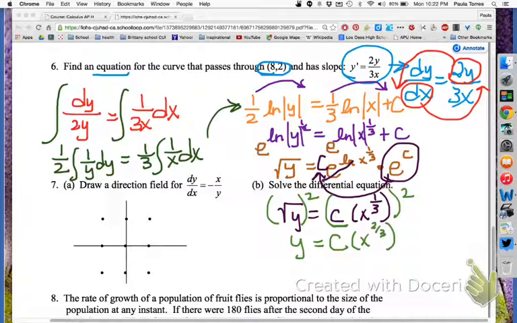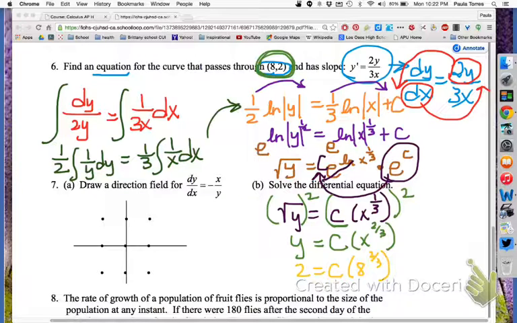So now that I've solved for y, I can plug in my point. So I'm plugging in 2 for the y value and 8 for the x value.